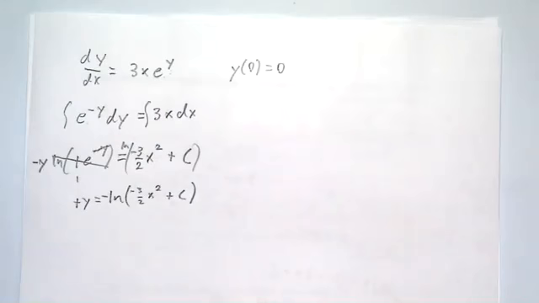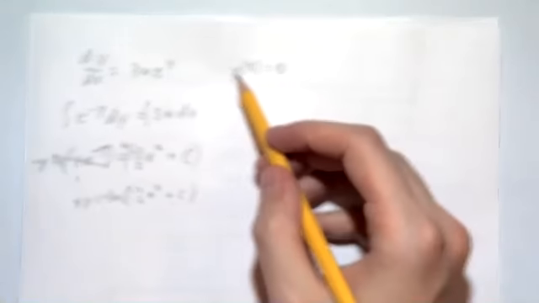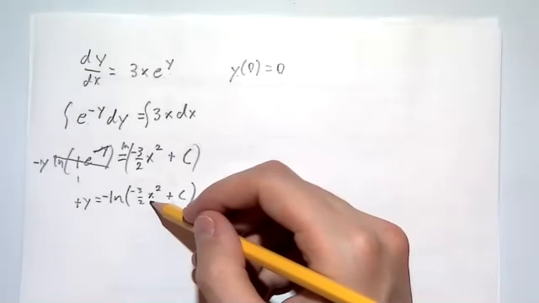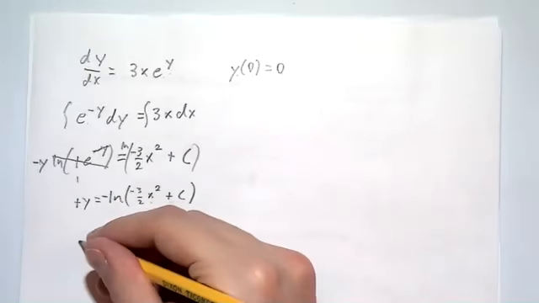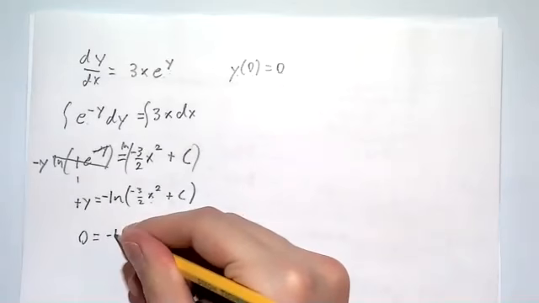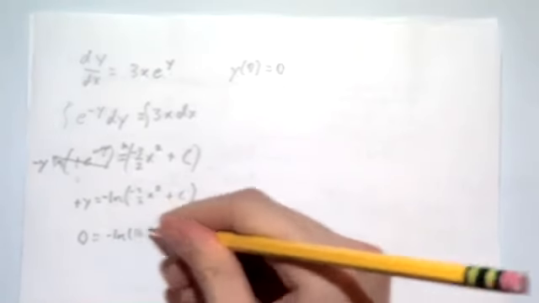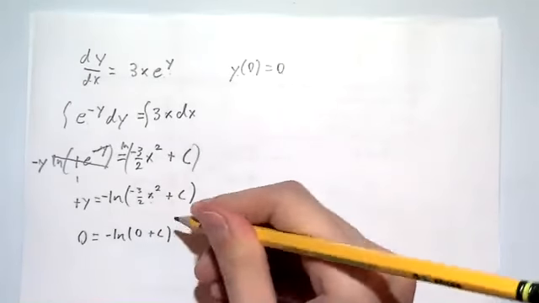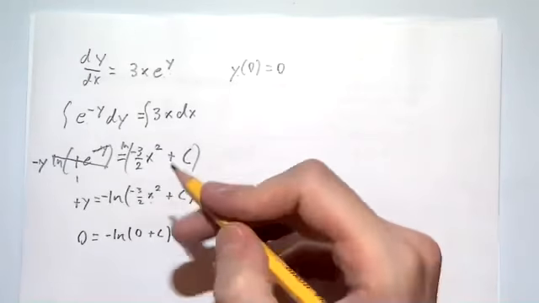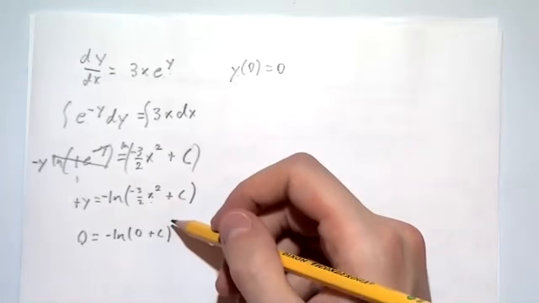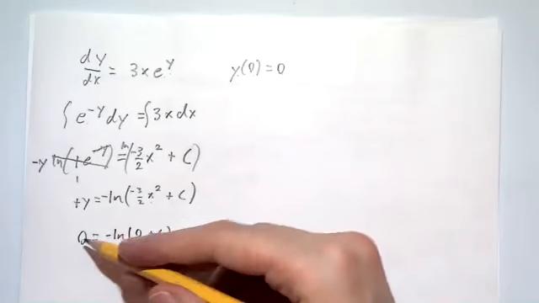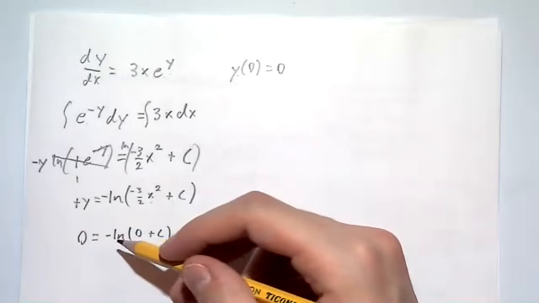So now we use our initial condition, and we have y of 0 is equal to 0. So x would be 0 in this case. So we get 0 is equal to negative natural log of 0 plus c. So here we have to figure out what c value makes this all equal to 0.